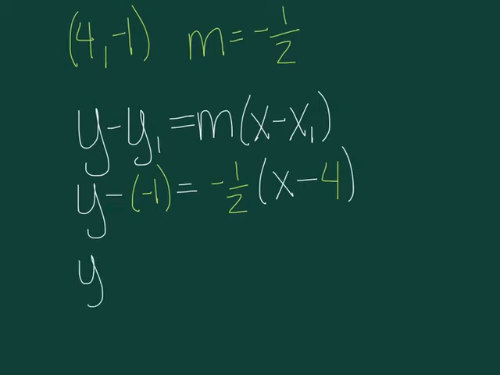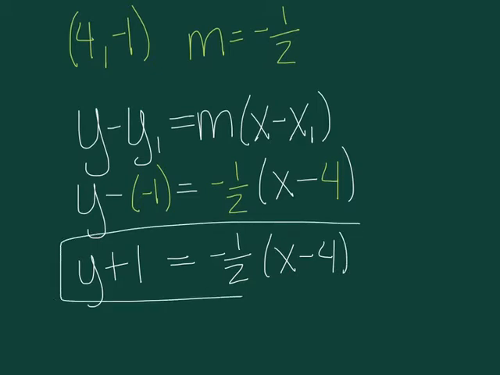Right here we have a negative times a negative, so that's a positive. And everything else we just write as is. And there you're in point slope form. Pretty straightforward, I think.